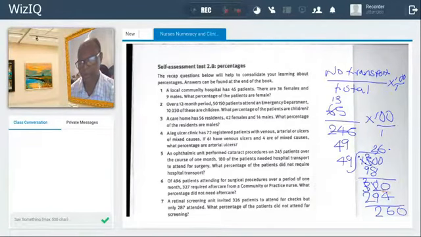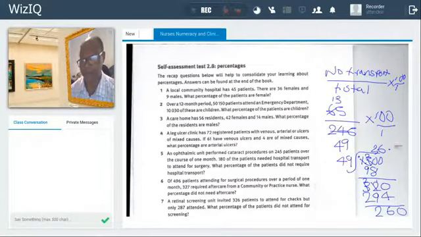So if we try 7, 7 times 4 is 28, so that's too far. We have 5. 5 times 9, 45. 5 times 4, 20. Plus 4, 24.